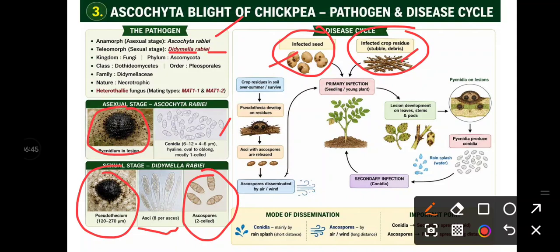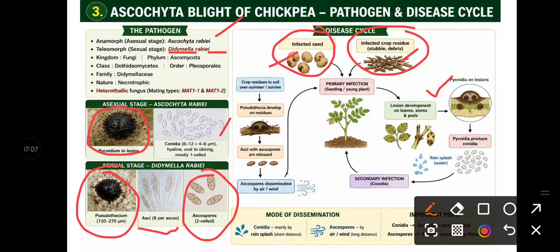After the primary infection, lesions develop on the leaves, stem and pod. The characteristic symptom we get is brownish lesions with concentric rings of dark, black pycnidia.